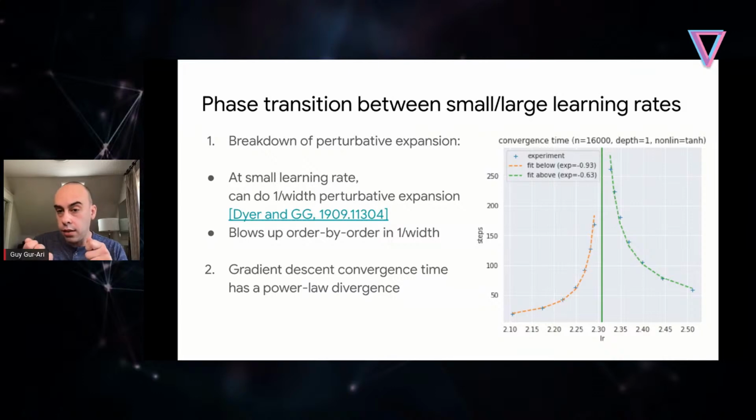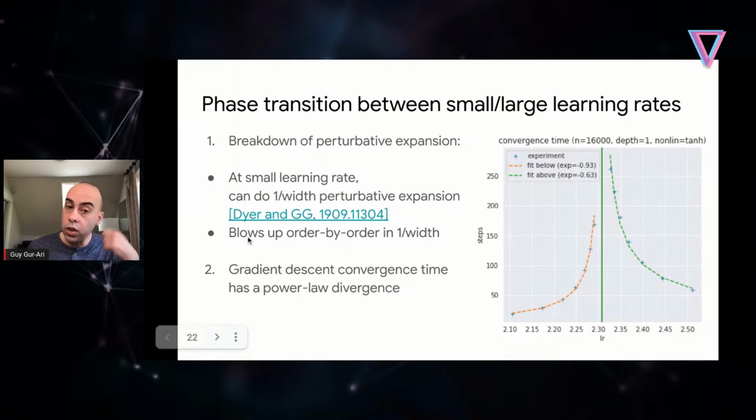But once we cross the critical rate, the Taylor expansion breaks down, and it doesn't matter how many orders we keep, we're not going to get a good approximation. And this is exactly what's happening here. As I mentioned, in a previous paper we worked out a 1/width perturbative expansion to the training dynamics. So we can have the infinite width term, and then we can have finite width corrections order by order.